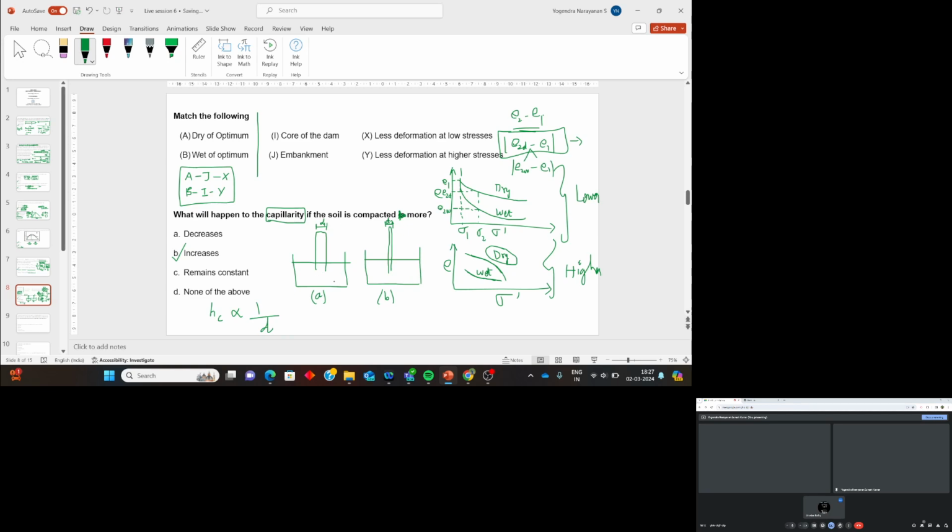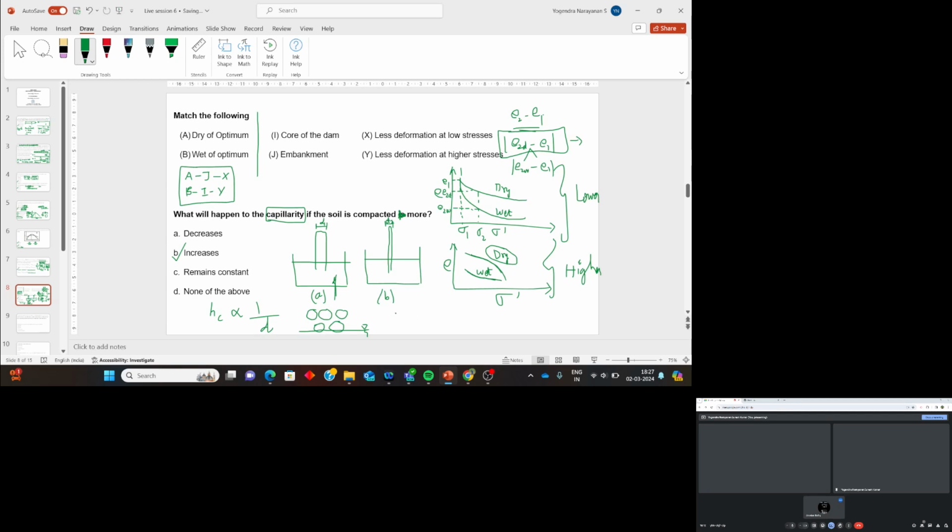Now consider this capillary tube as the voids of the soil. The soil will be arranged like this, and you consider the water table here. This is the initial condition.